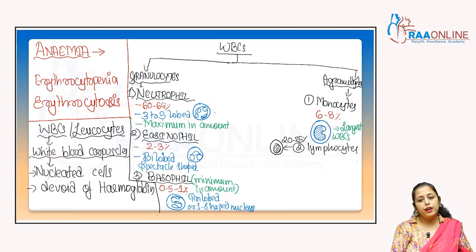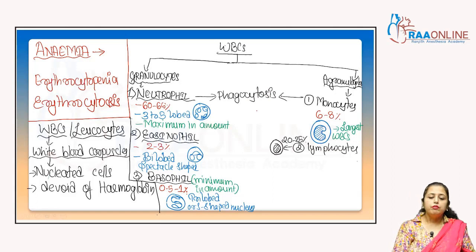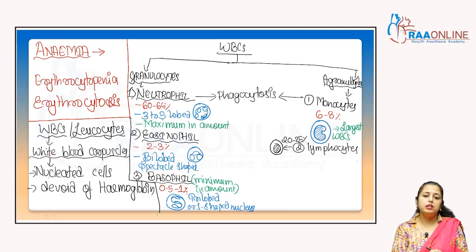the neutrophil and monocytes act as phagocytic cells, or help in the phagocytosis, right? Clear? Eosinophil acts in case of allergy. Basophil, when some foreign particle enters inside the body, acts as a mast cell also, right? And secretes histamine, heparin and serotonin.